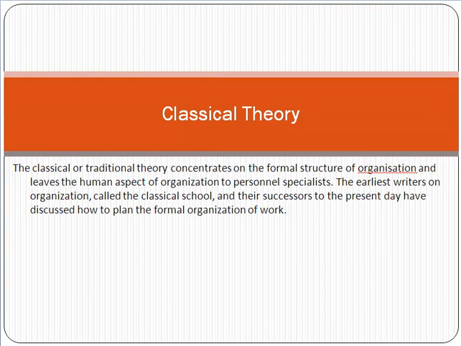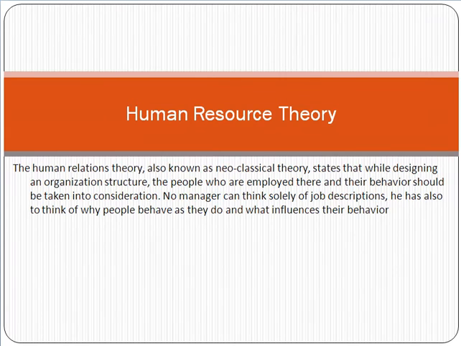Okay, now the next one is the human resource theory. Friend, here the human resource theory means that organizations are developed based on the human resource. While designing an organization, the people who are employed there and their behavior should be taken into consideration. What does it mean?